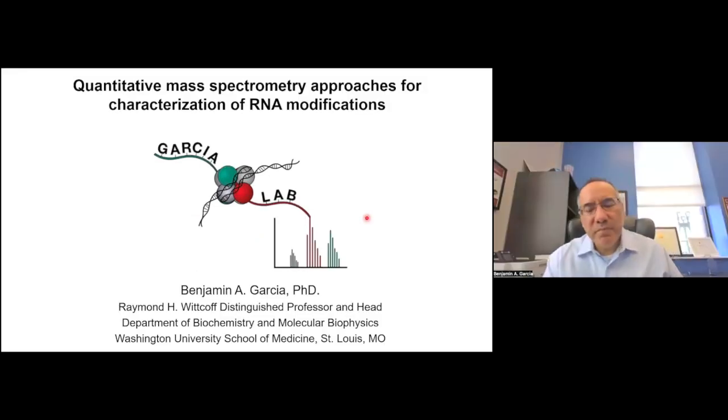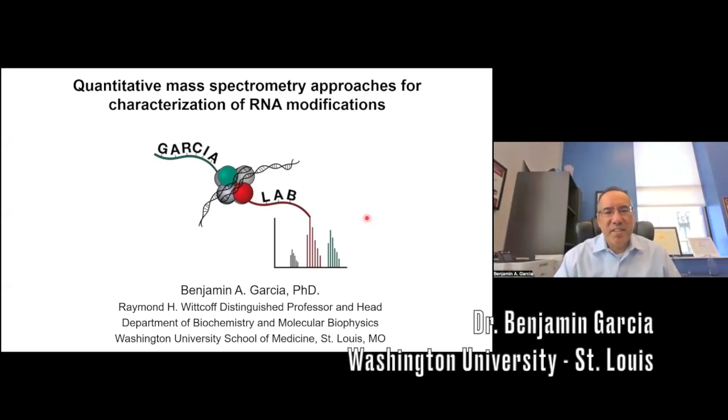Well, thank you, Scott. Thank you to all the organizers for giving me an opportunity to give an update on some of the things that we've been working on in terms of developing mass spectrometry-based approaches for characterization of RNA modifications. I know you've already heard a lot of great talks and seen a lot of really cool, exciting new approaches.